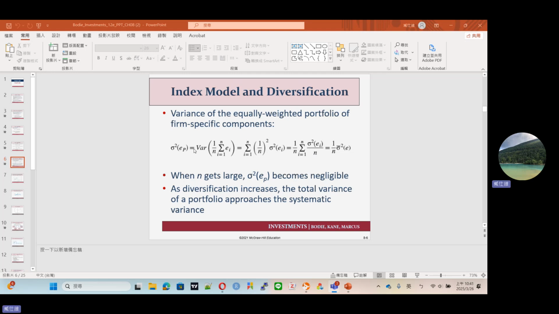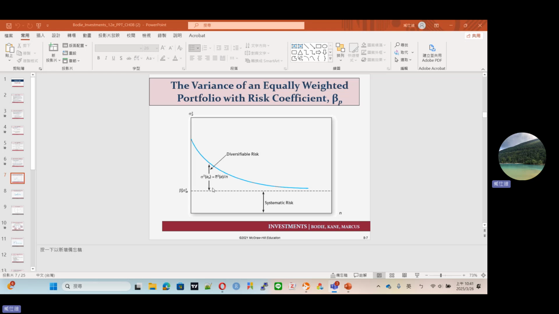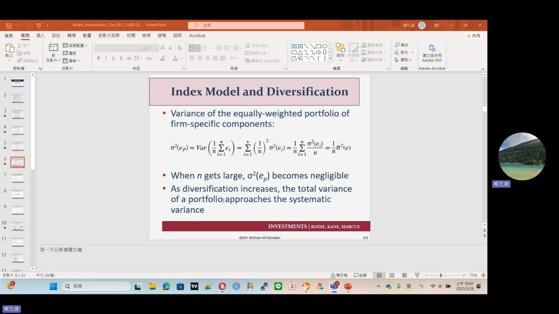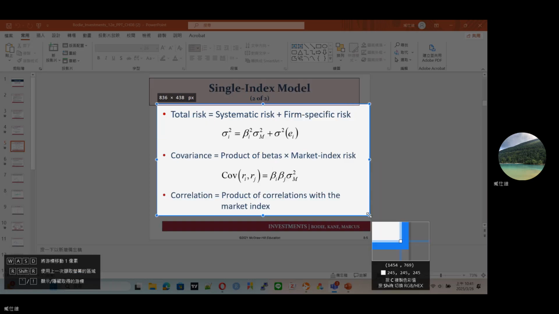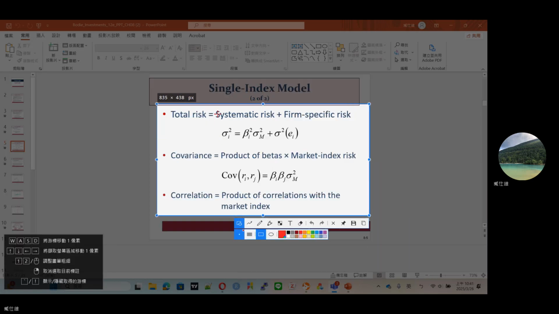So the total variance will become the systematic variance. So what is systematic variance? Remember, total risk can be decomposed into 2 parts. The first part is systematic risk. The second part is called the firm-specific risk.